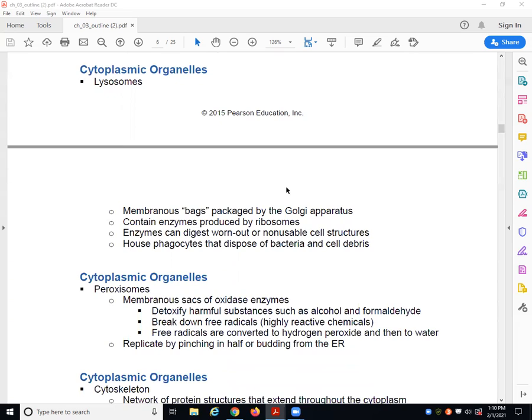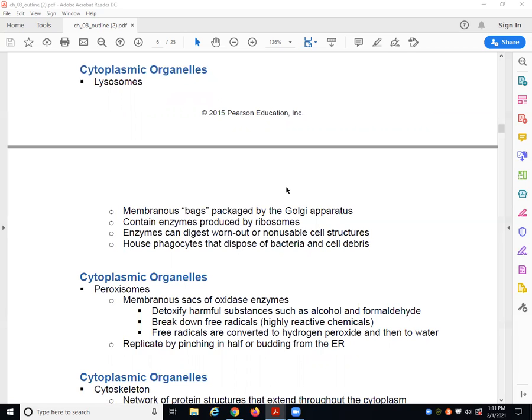And lysosomes are membranous bags, essentially, that are packaged by the Golgi apparatus. They have enzymes in them that are produced by ribosomes. Remember, what do ribosomes make? Anybody remember? Protein. So enzymes are proteins, right? So enzymes catalyze chemical reactions. And what do they do?